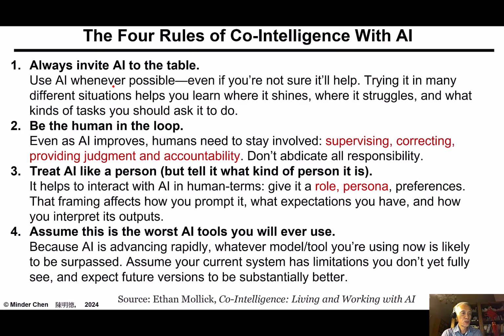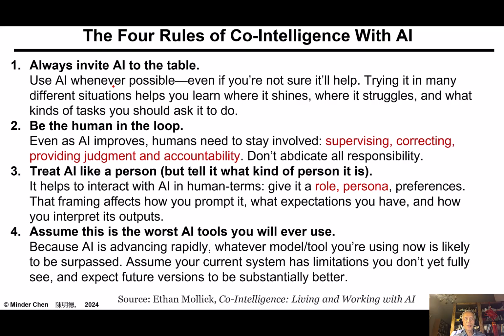Before we get into more examples of prompt engineering, let's look at Ethan Mollick in his book called Co-Intelligence, which was published, I believe, earlier this year. And his four rules, the first one is called always invite AI to the table, which means sometimes we have limited understanding of what generative AI can do for us.